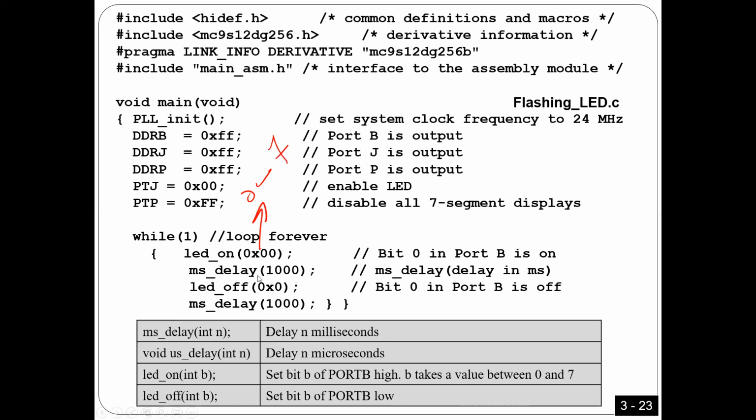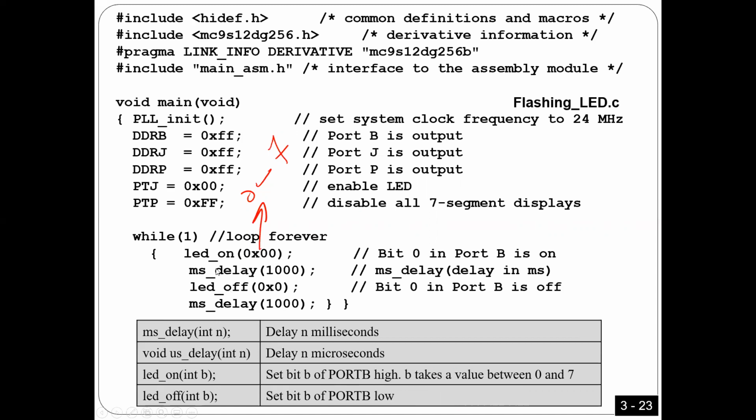So if I put 0, this function is going to turn LED number 0 on. It's going to set bit number B, whatever you put here, so that means it's going to turn one LED on.